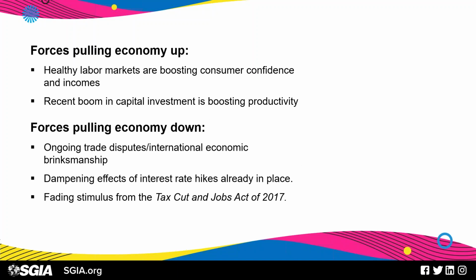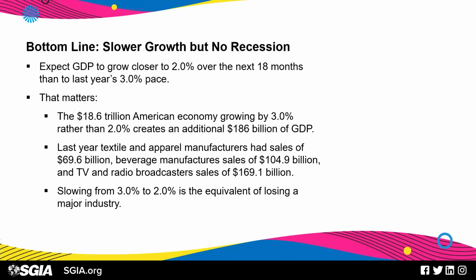Much more likely, the economy is going to rebound during the second half of 2019, not to last year's brisk pace, but to a more moderate 2 to 2.5% pace for the full year. And that matters. There's a big difference between the economy growing 3% as opposed to growing 2%.